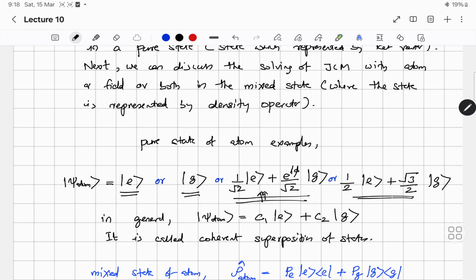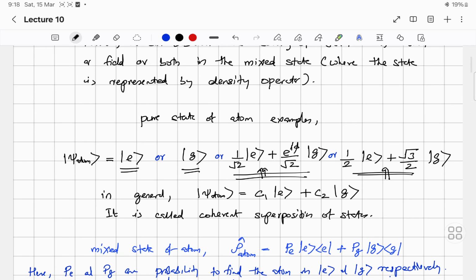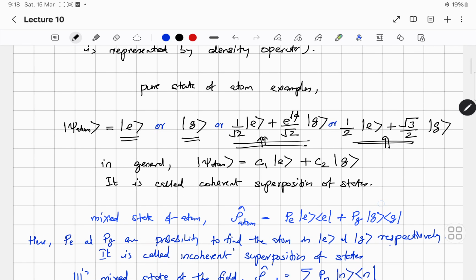But in this particular superposition, ket E has the lower probability. It has a probability of 1 by 4, and the ground state has a probability of 3 by 4. Anyhow, the sum of both probabilities must be 1. So in general, the pure state of an atom can be represented as C1 ket E plus C2 ket G, and it is usually called the coherent superposition of states.